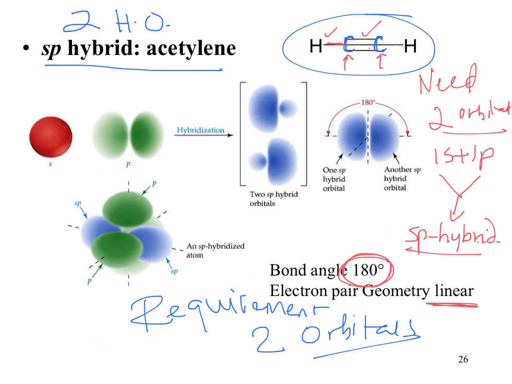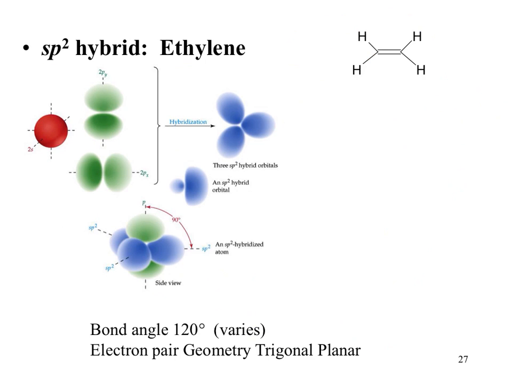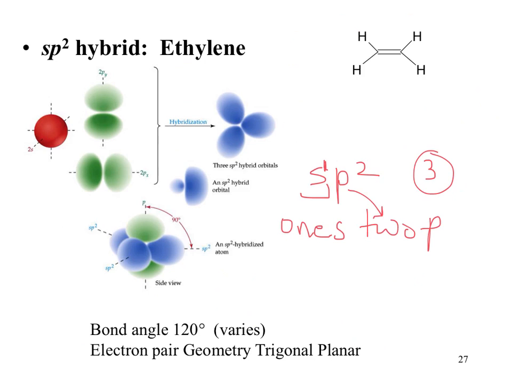If you compare that to hybridization which is sp2, what would sp2 mean? sp2 would mean you have mixed one s and 2 p orbitals, and that would mean you have a total of 1 plus 2, a total of 3. So your requirement should be for 3. Let's see if you actually have that.